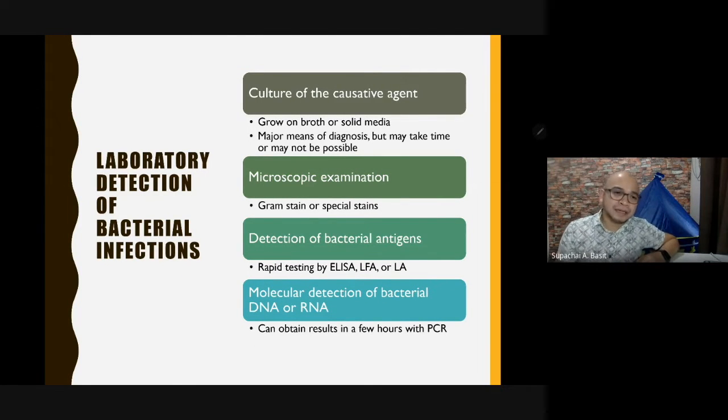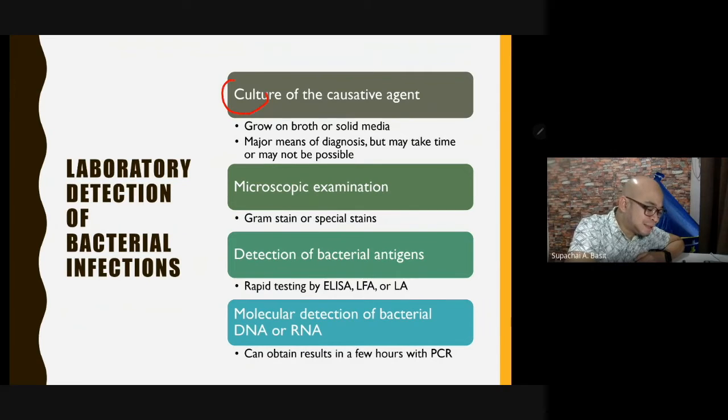Okay, so for this particular session, we will be discussing the different ways of detecting bacterial infection. Conventionally, we can culture the bacteria on broth or in solid media. That's the conventional way of doing it.